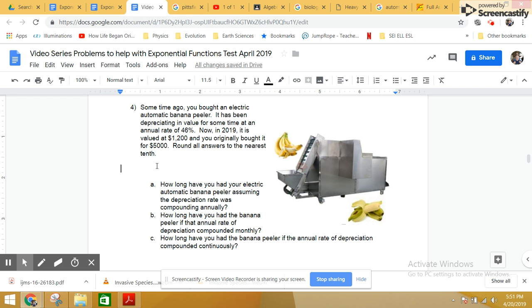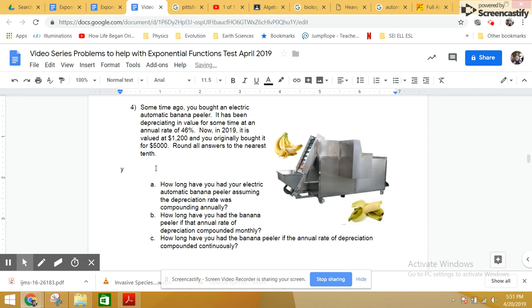You could set it up as if the time in the past was our initial value, but you wouldn't know how many years until 2019, so that could get a little tricky. It's still doable, but I'm going to pick 1,200 as our initial value, which means 2019 is our 0 year.